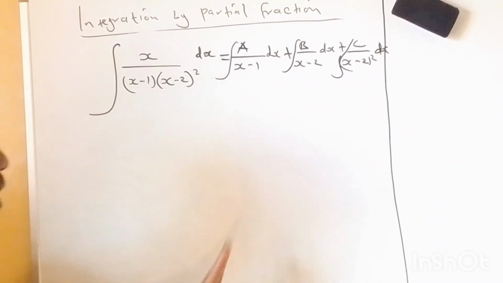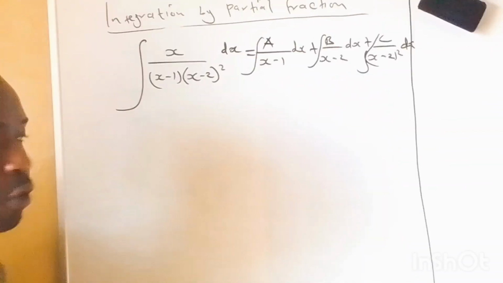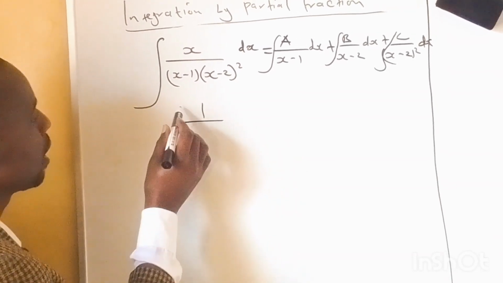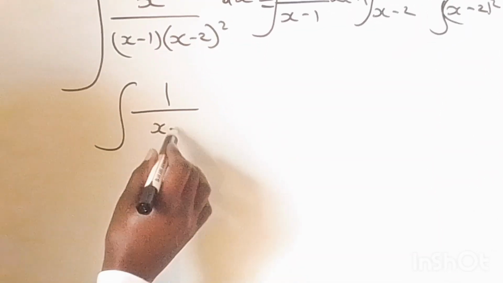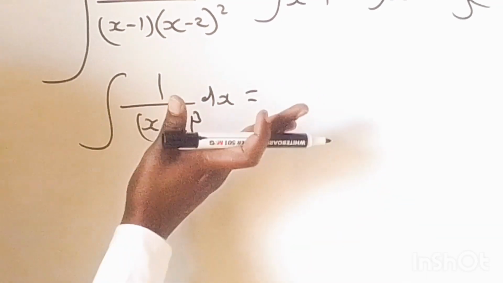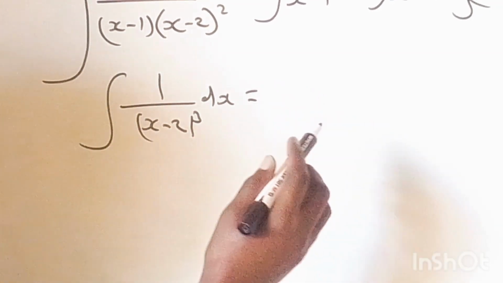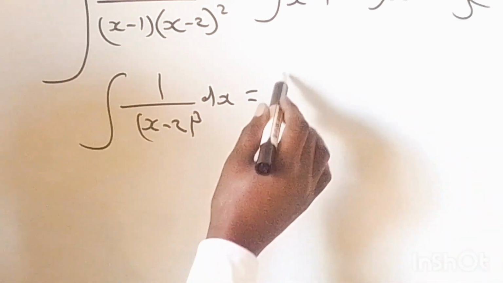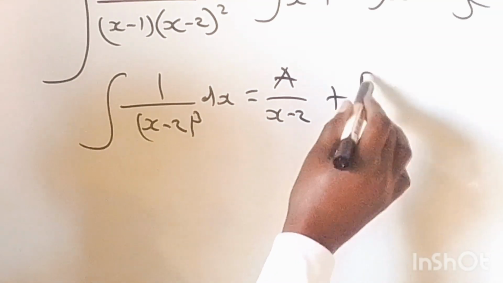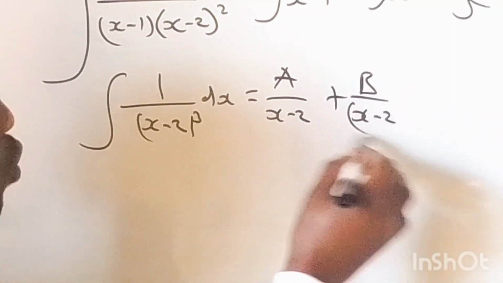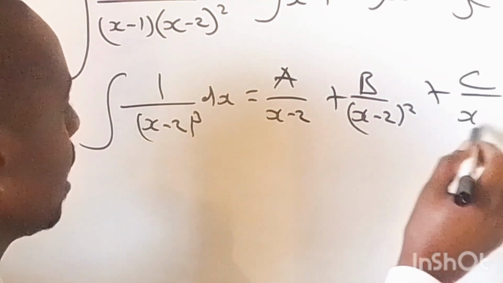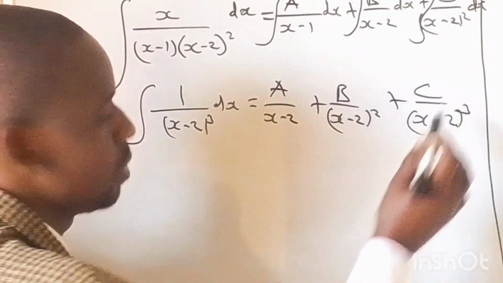So the first thing is to understand that, for example, if you have the integral of 1 over (x minus 2) cubed dx, then to decompose this into partial fractions, you have A over x minus 2 plus B over (x minus 2) squared, take note of that, plus C over (x minus 2) cubed.